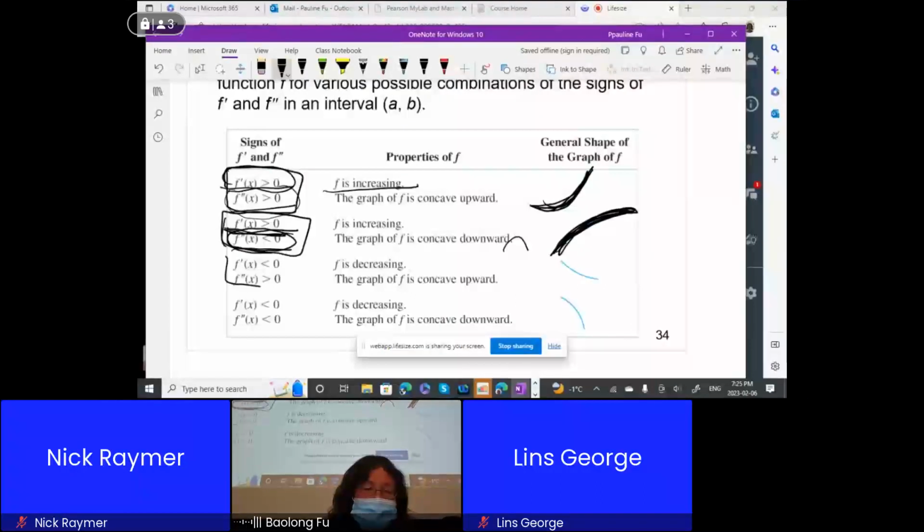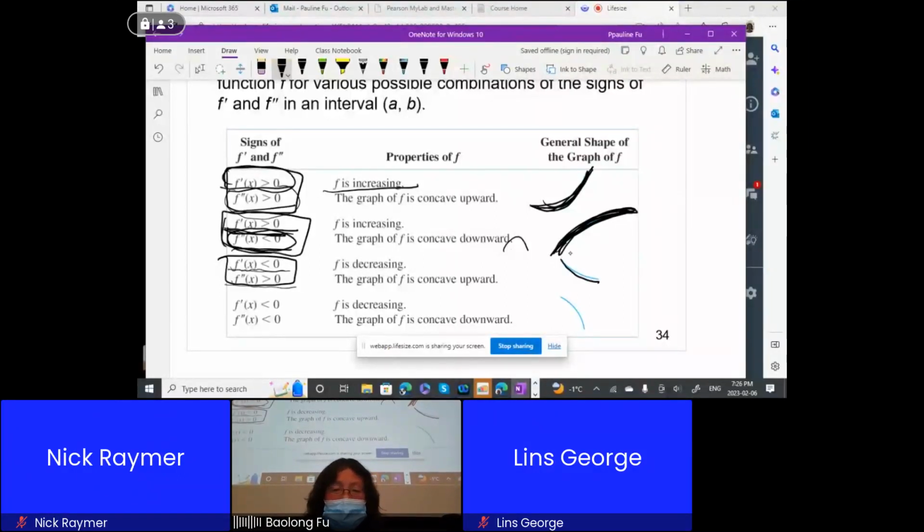And then this situation. The first derivative is smaller than 0 and the second derivative is greater than 0. So the first derivative smaller than 0 means it is decreasing, but the second derivative greater than 0 means concave up.